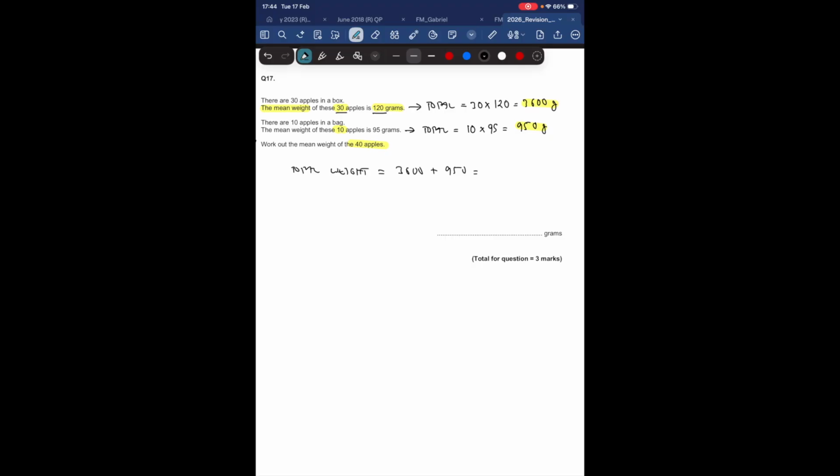That's going to give us a total weight of 4,550 grams. This is the total weight of the 40 apples.